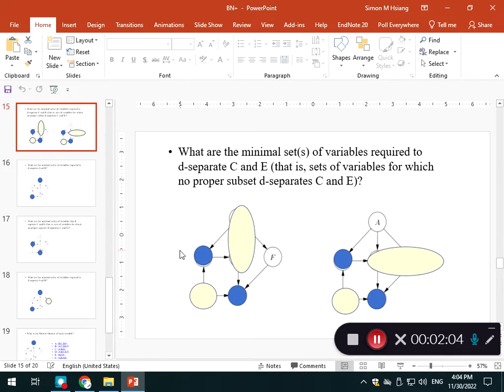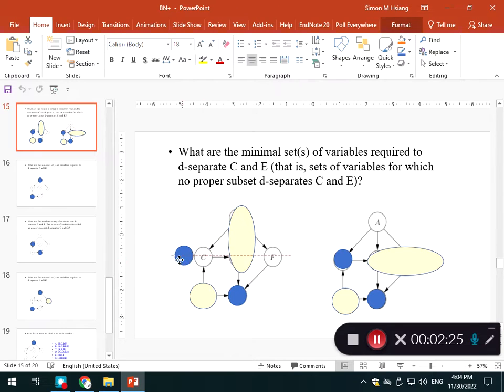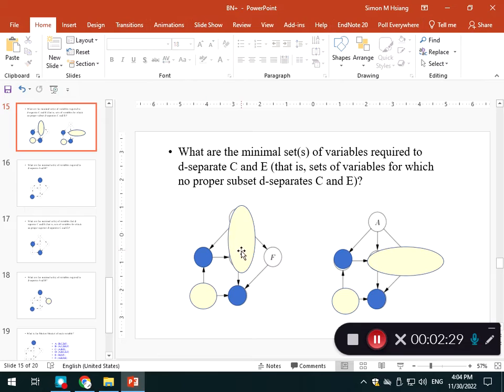You just need to block them and figure out why blocking them makes them conditionally independent or dependent, to be d-separated. I want to talk about C and E: why do I block here and here? Then suddenly these two blue nodes, my C and E, basically cannot get any more information from anywhere else. That's it, okay?